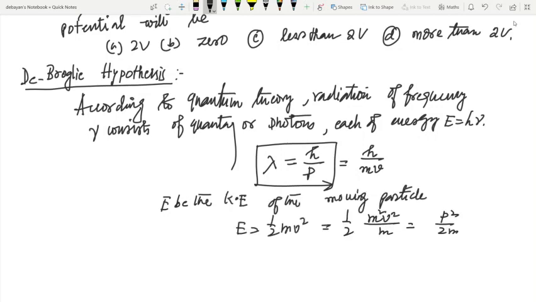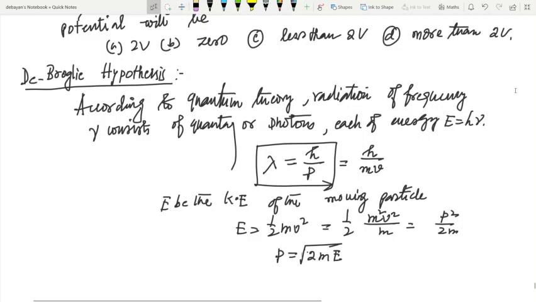So if you place the value of p in lambda equals h by p, it should be h by root over 2mE. That is one of the formulas of de Broglie wavelength.